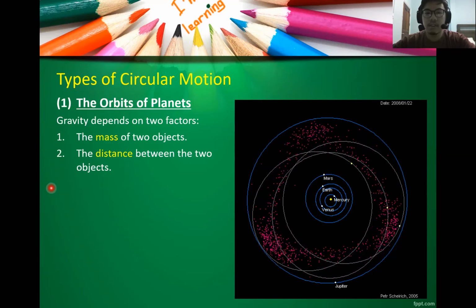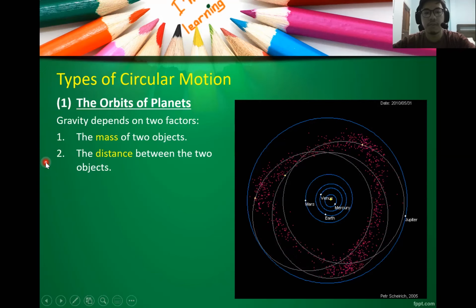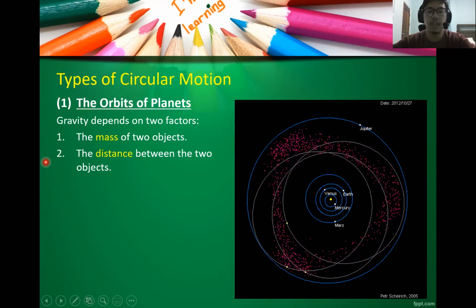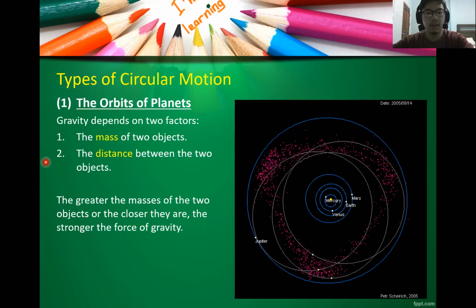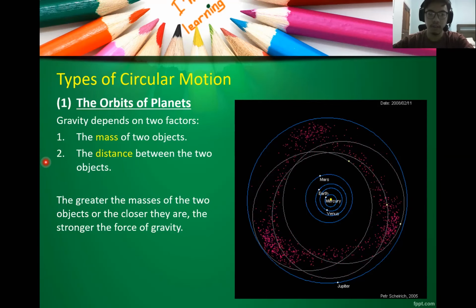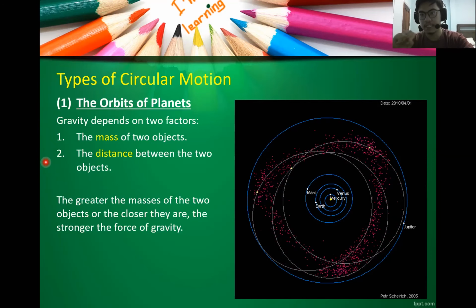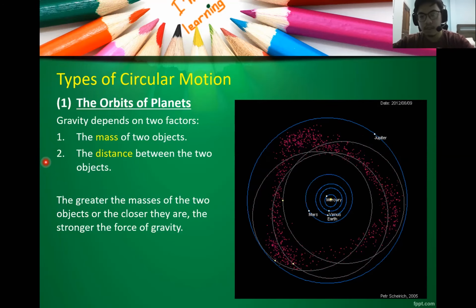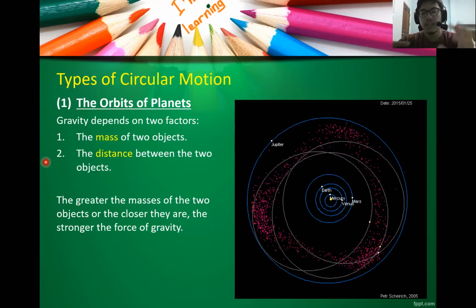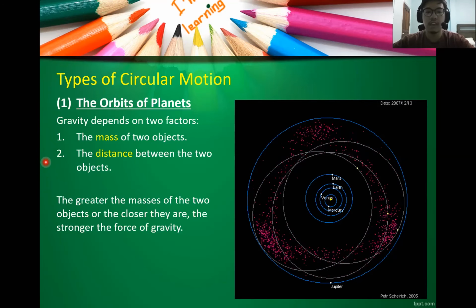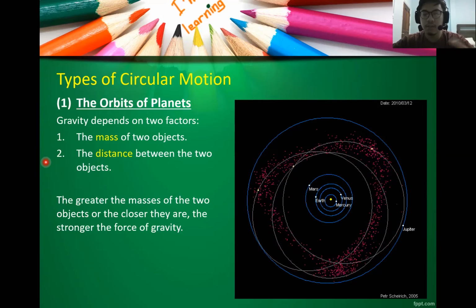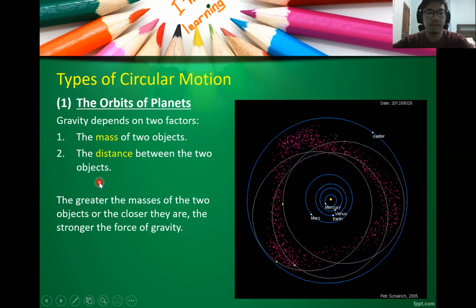Gravity depends on two factors, the mass of the two objects and the distance between the two objects. The greater the masses of the two objects, or the closer they are, the stronger the force of gravity. So if you have a heavy planet with a heavy sun, then the gravity will be stronger. If they are closer together, then the gravity is also stronger.